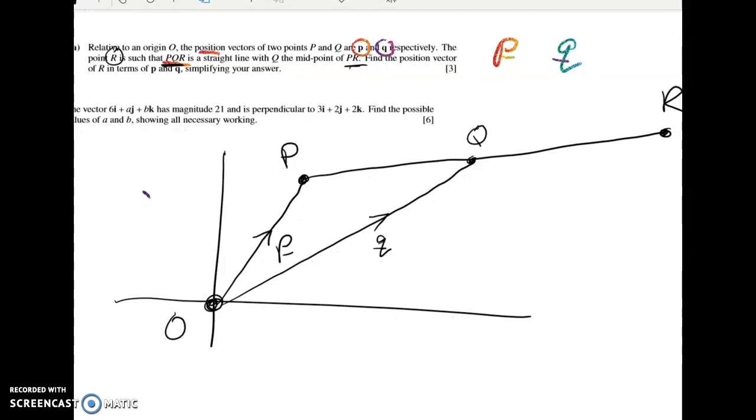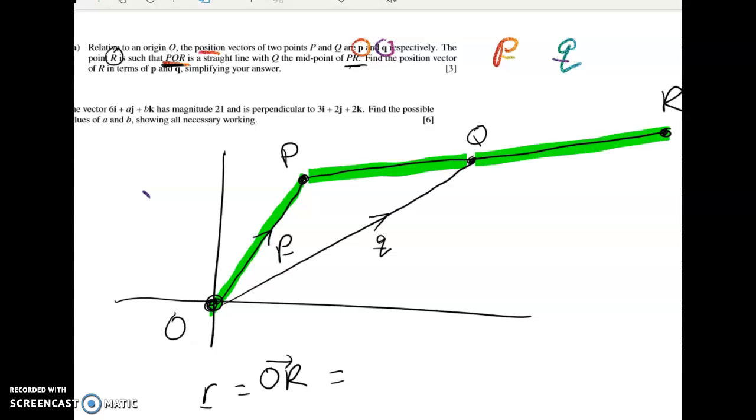So what do I know? Well, we want to end up with the position vector OR. So little r is the vector from O to R. So how can I get there? Well, first I can go from O to P, and then I go from P to Q, and from P to Q again, because we know that this length and this length are the same. So we can find vector R as follows.